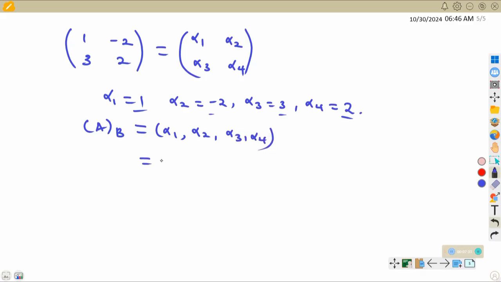So these scalars are 1, negative 2, 3, and 2. When you look at this, this is actually a vector in R to the power 4.